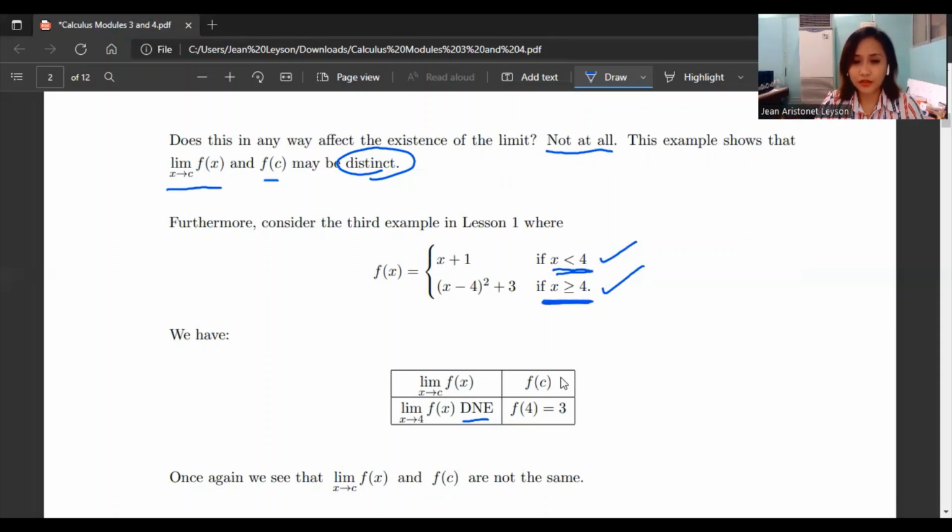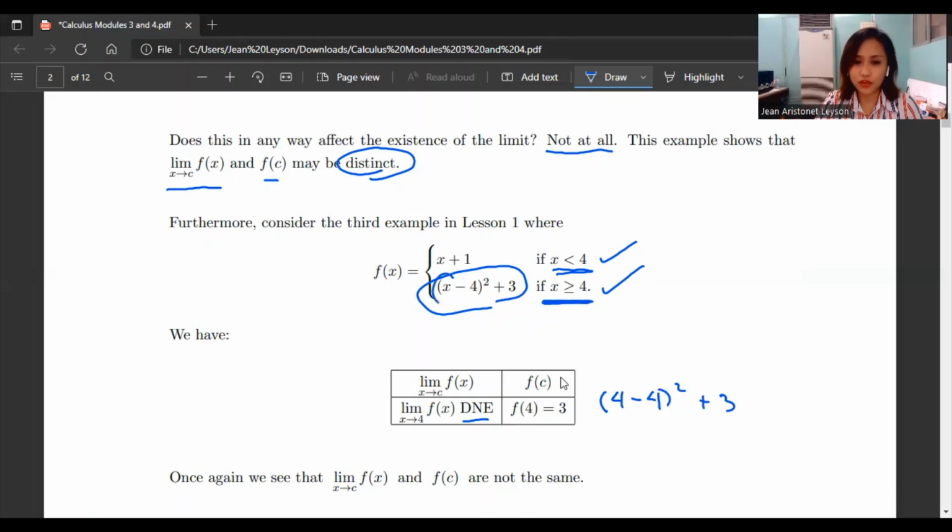Now for the value of the function at C, which is 4, we'll be using the second one, since x is greater than or equal to 4, meaning 4 is included in this part of the function. So substituting, that's 4 minus 4 squared plus 3.